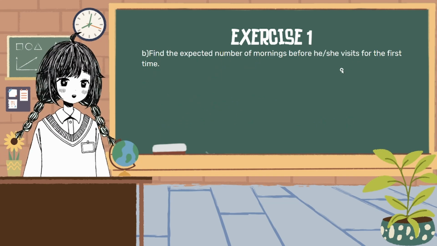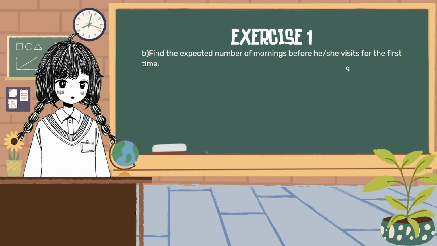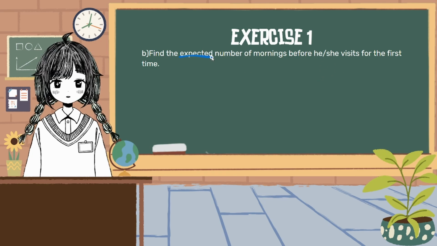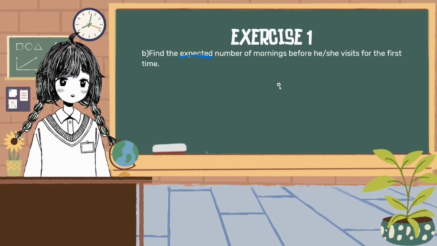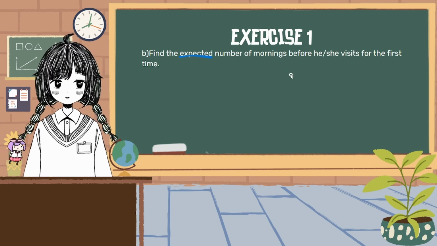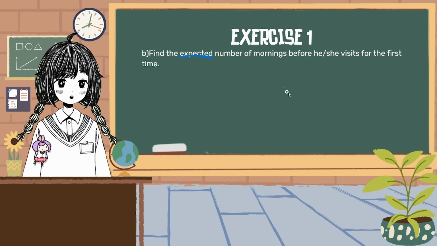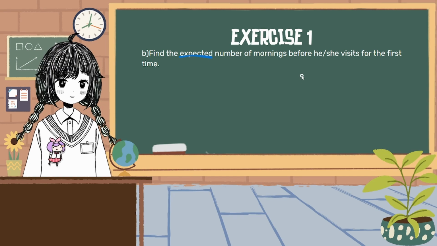So part B, find the expected number of mornings before he or she visits for the first time. So here the word expected means it's asking for the average or mean. We have covered this before during the previous topics on the negative binomial. This time we now know we're applying geometric.